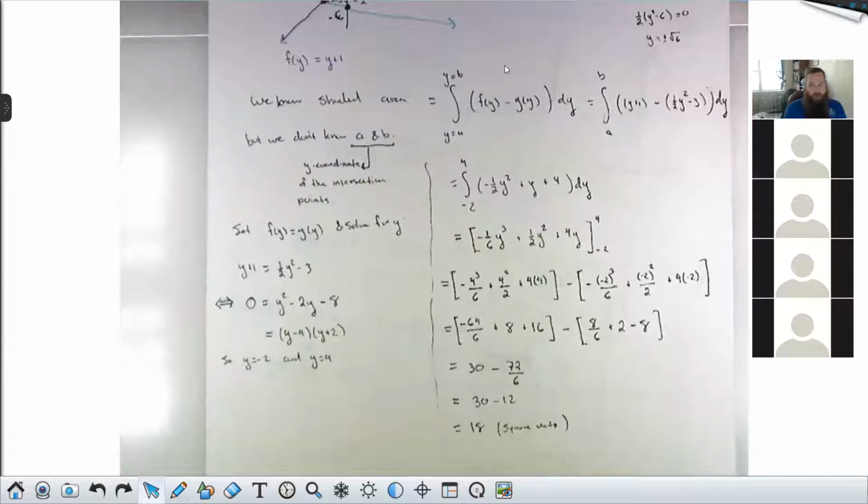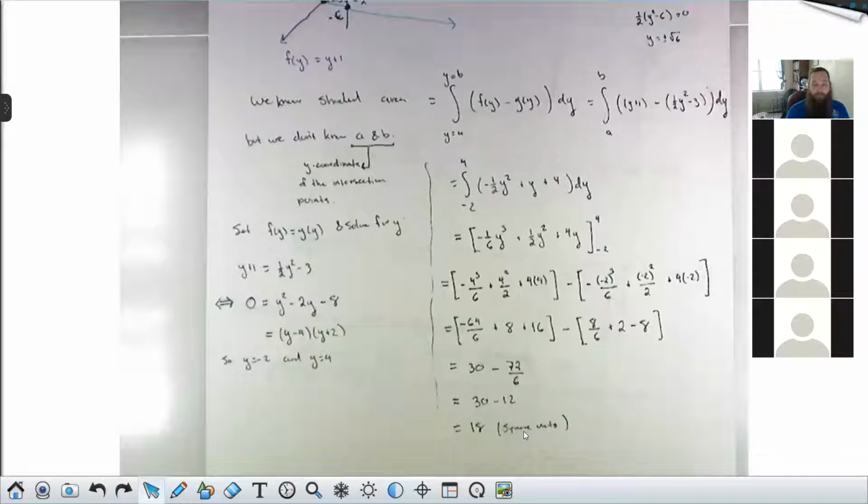If 1 unit of length in the graph was 1 meter, then this would be meters squared. If 1 unit of length in the graph was 1 inch, then this would be square inches. But since they didn't specify units for the graph, then it's just square units. Does that make sense? Thank you.